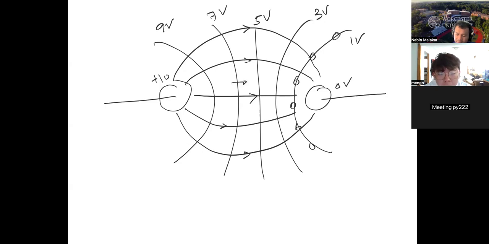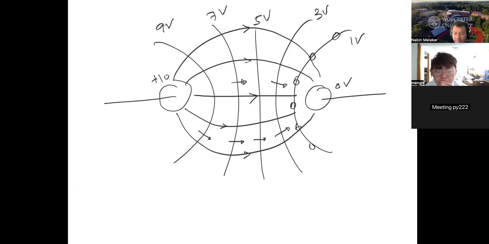Now the question is again the same thing. How big is the electric field line that you're drawing? The answer is staring at you: it's going to be perpendicular to the electric potential. Theoretically, it's that, right?